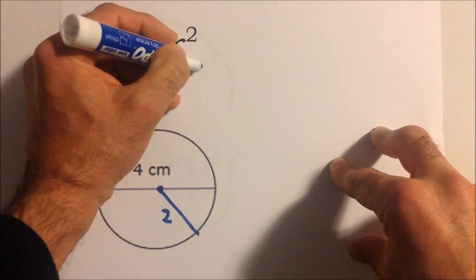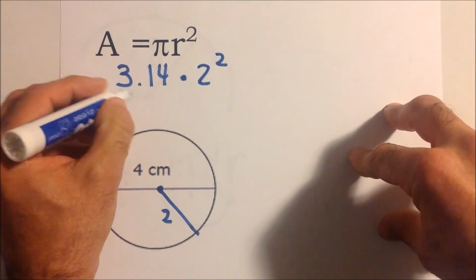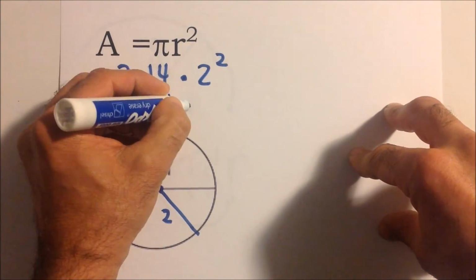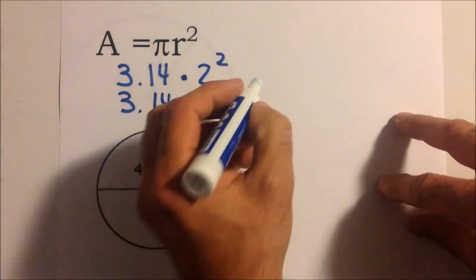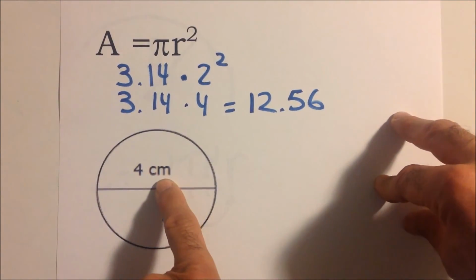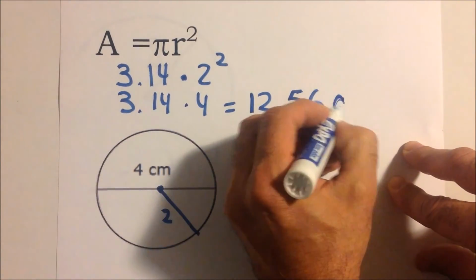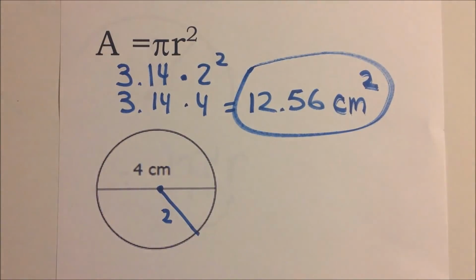And 2 squared is 4. So this will be 3.14 times 4, which is 12.56, and they're giving you centimeters, so you have to write centimeters squared. So the area, remember, is squared.